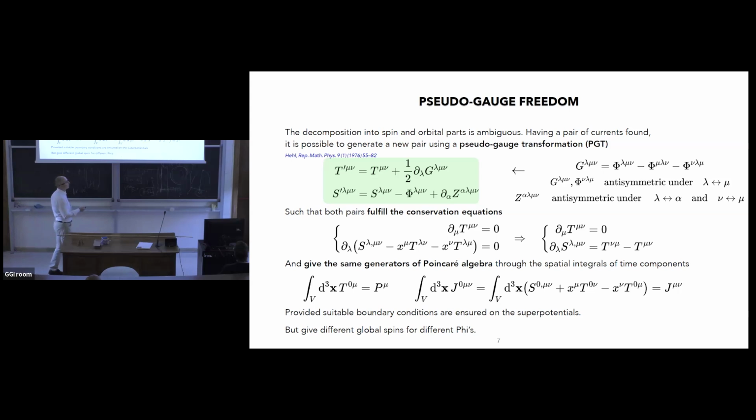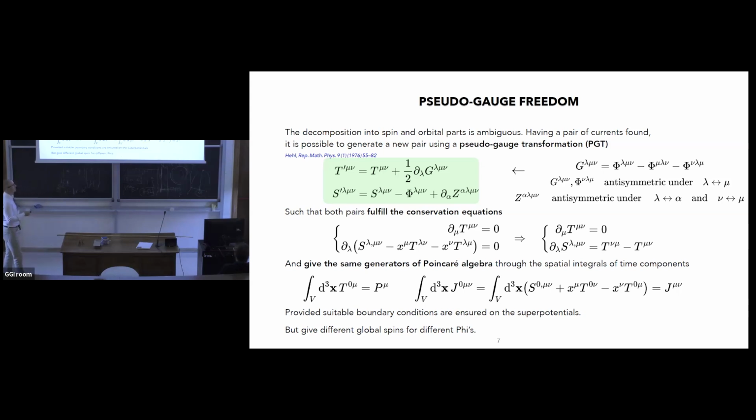However, performing this transformation will always fulfill the conservation equations, so this will not be affected because of this structure. And by integrating over the hypersurface, they will give you the Poincaré algebra generators, and they will give the generators always in the same form.